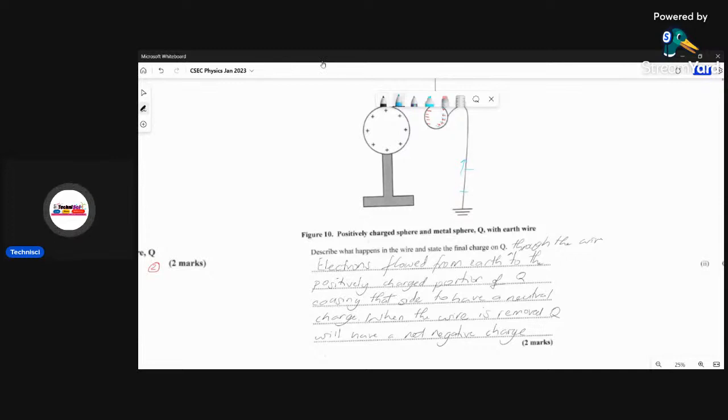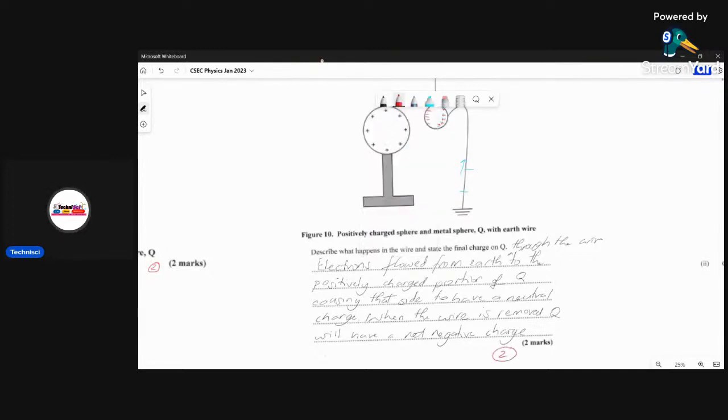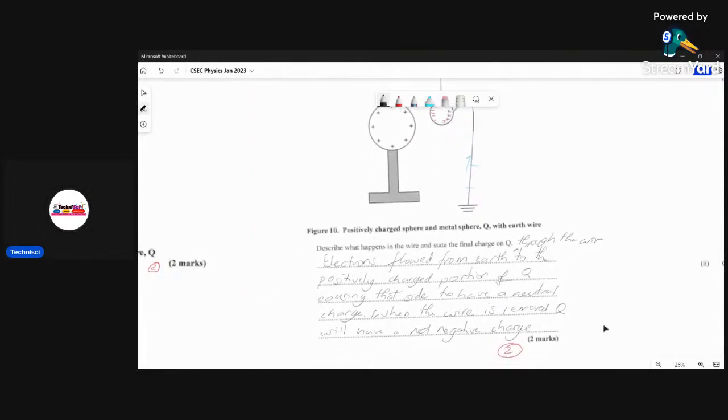Now, the Earth is described as being like a sea of electrons. So what it does, it takes electrons where there are excess or gives electrons where there is a deficiency. So let me give you another scenario, not in the question, but hey, we can apply our knowledge across.